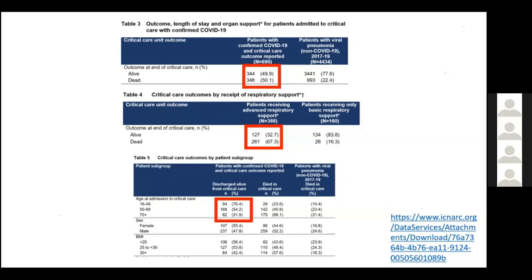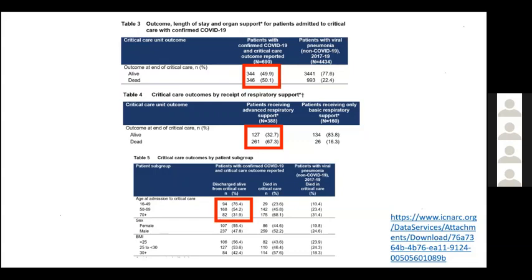So if a person's admitted to critical care, the current data is suggesting if you're requiring organ support, that 50% of people are sadly not surviving their intensive care admissions. The second red box is showing people who are having to have advanced respiratory support.